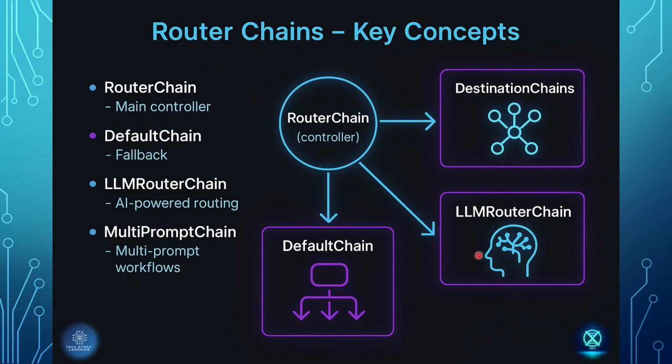Then we have the LLM router chain, which uses an LLM to decide the routing. And then the multi-prompt chain, a special router chain for multiple prompts. So this is the main controller, this is the destination, this is for the fallback scenario, and this is the AI-powered router. If you have multiple prompt-based workflows, you can use the multi-prompt router chain.